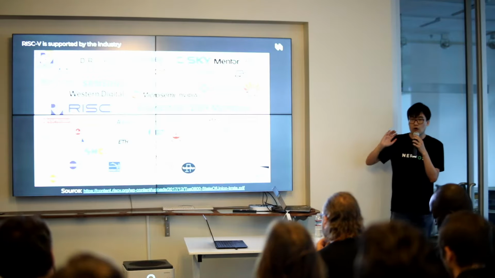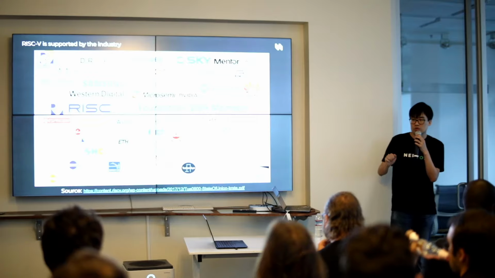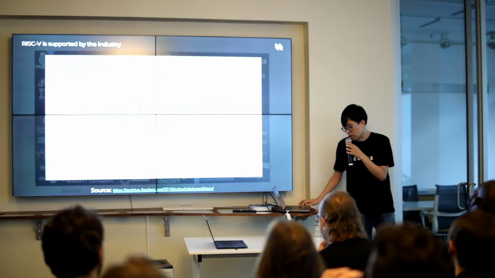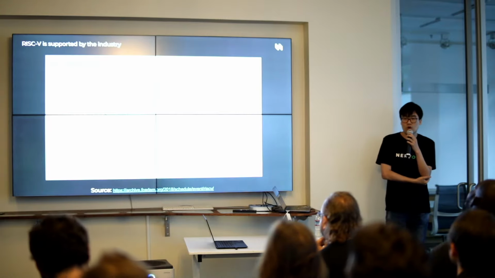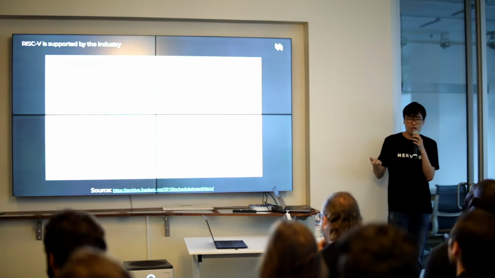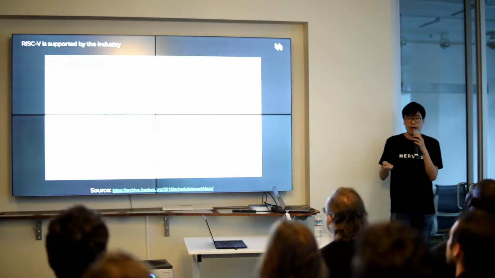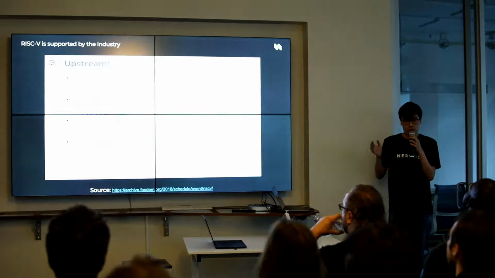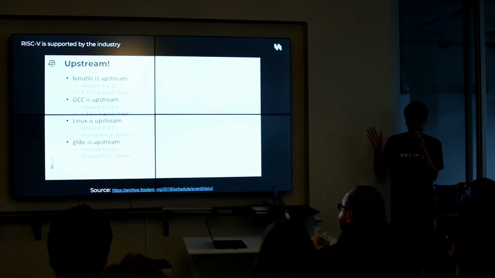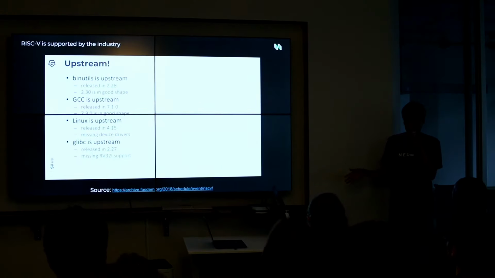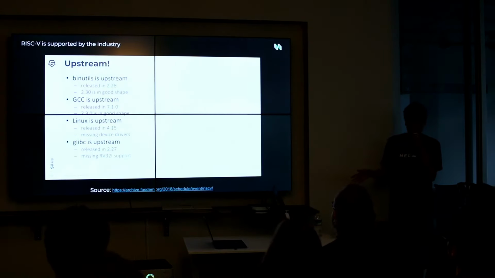There's also a whole bunch of other companies building RISC-V CPUs, but this is only the hardware side of the world. On the software side, RISC-V has already been supported by upstream Linux. It has also been supported by the GNU toolchain. So these things are all upstream, officially supported. If you pull down GCC 9 and build it with RISC-V support, you should be able to write a C program and compile it to RISC-V.